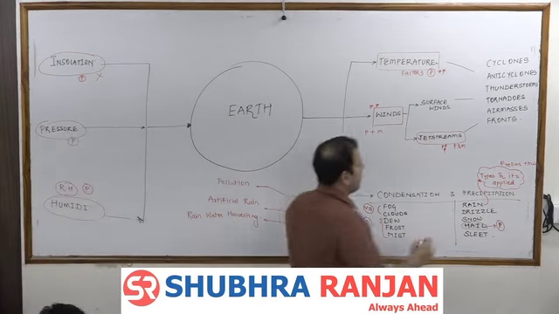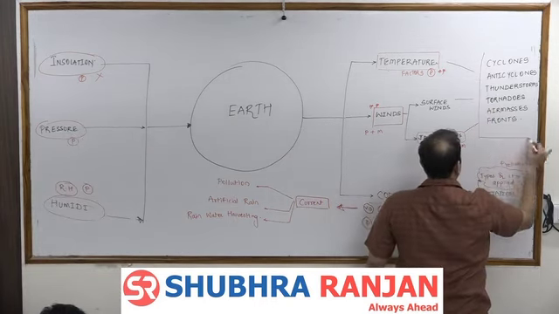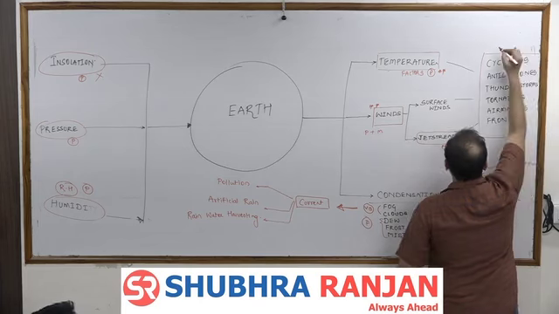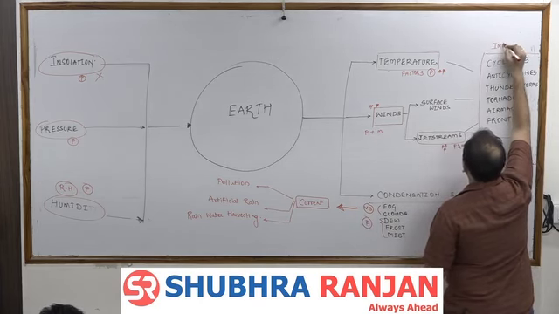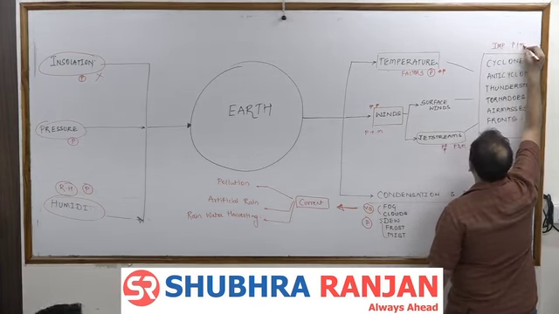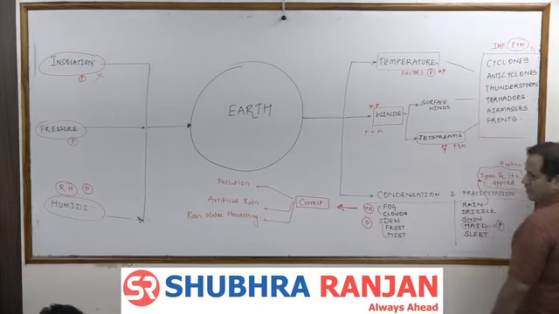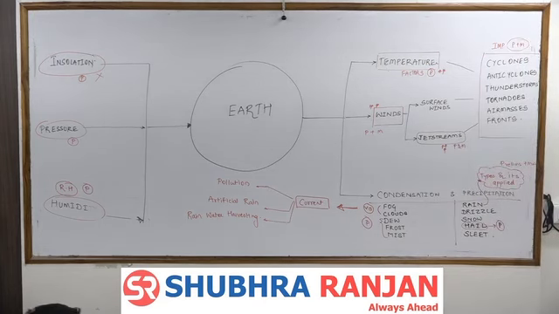And then, these are the topics which are applied topics where they are very important from both prelims and mains point of view. Numerous questions can come from here. So cyclones दो type के हैं, tropical cyclones, temperate cyclones.